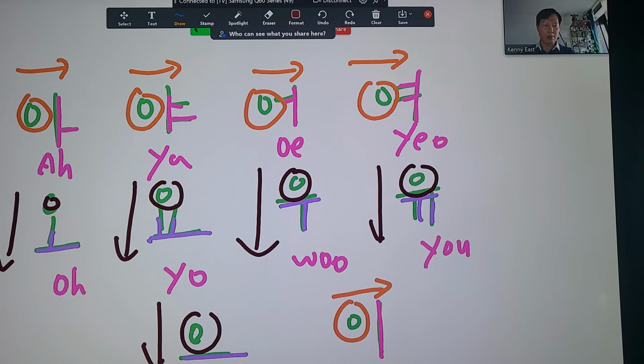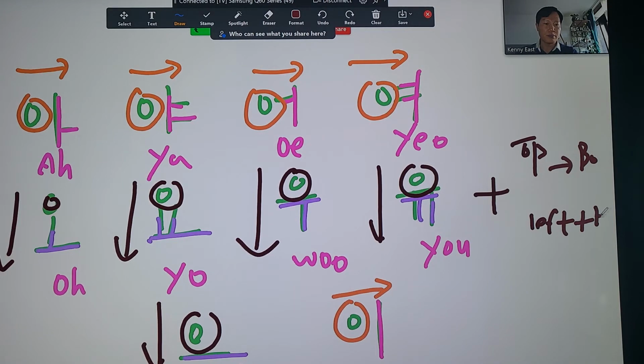So, remember, when you are writing down Korean letters, fundamentally, there are two ways to write. Always left to right. And then the second way, top to bottom. Sometimes we combine the top to bottom direction and the left to right direction together. It depends on how many consonants you're using in the same syllable sound.